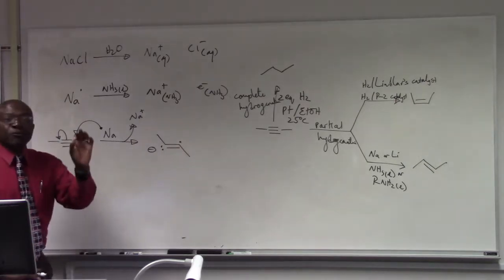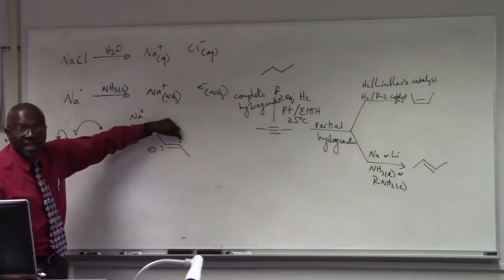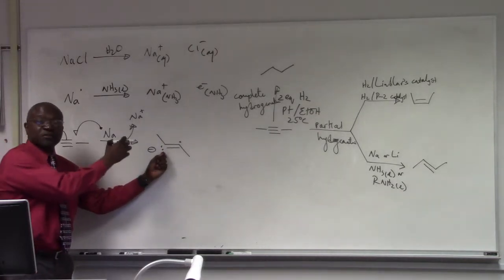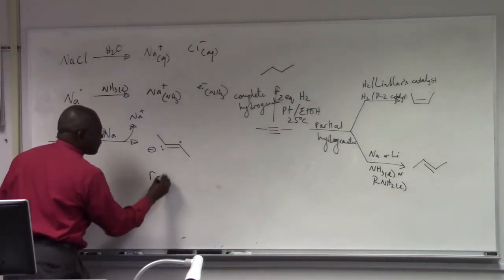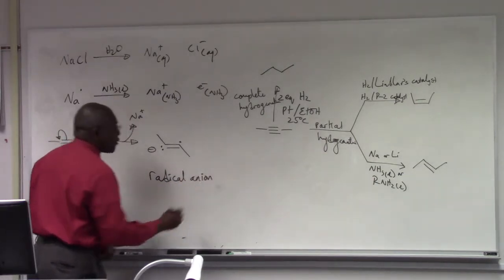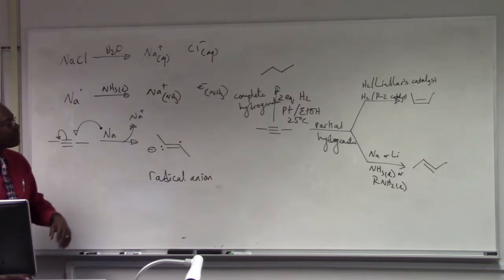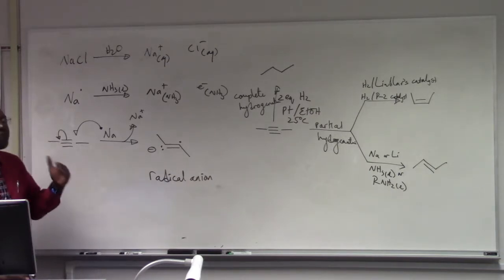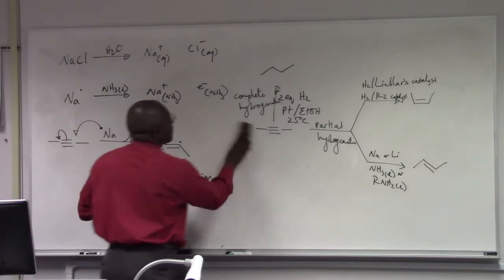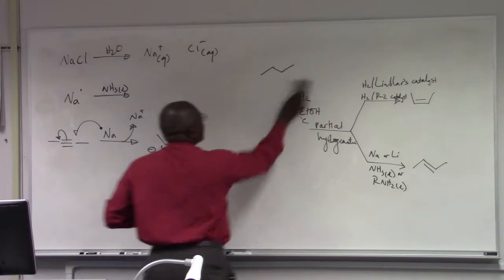But it's both a radical, because it's a lone electron, and an anion, because I've got an electron pair and a negative charge. So this species is called a radical anion. Organic chemists are not imaginative when it comes to naming things. But we've made that radical anion in the presence of ammonia. And ammonia is a protic solvent. So it's a no-brainer what happens next.